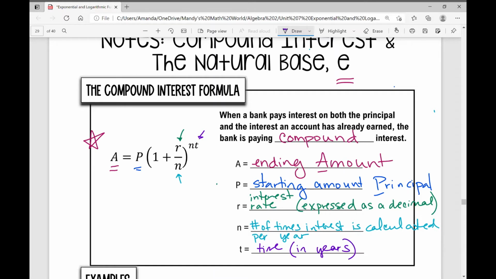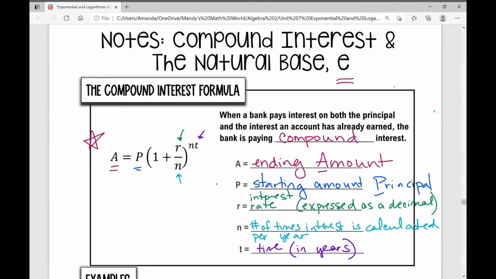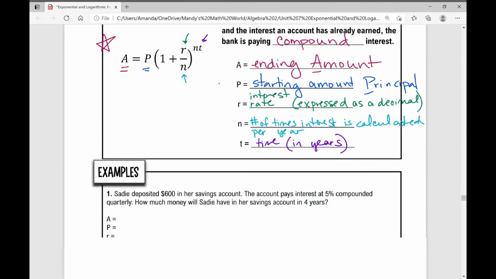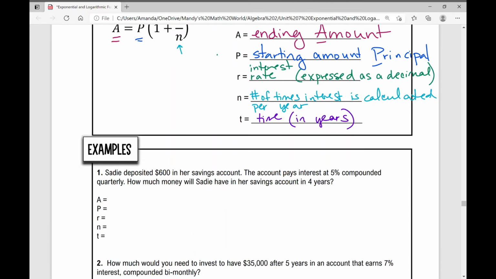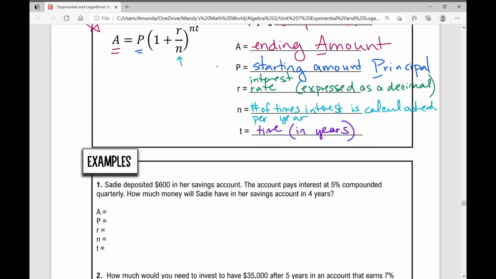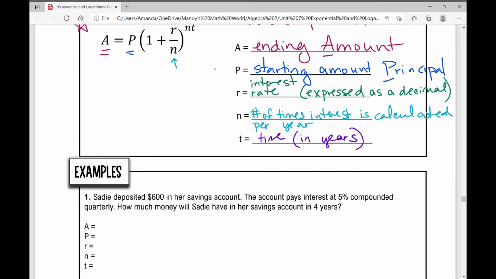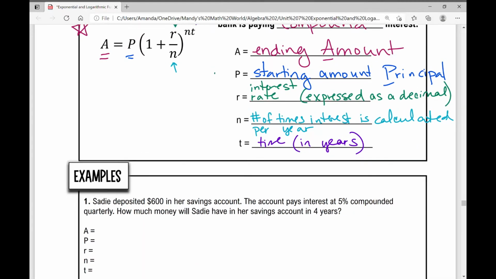So we're going to use this formula and go through some word problems and figure out either our principal or our ending amount, or what our principal would need to be to get to a certain ending amount. So let's look at example number 1. Example number 1 says, Sadie deposited $600 in her savings account.